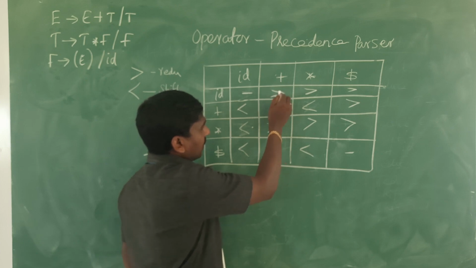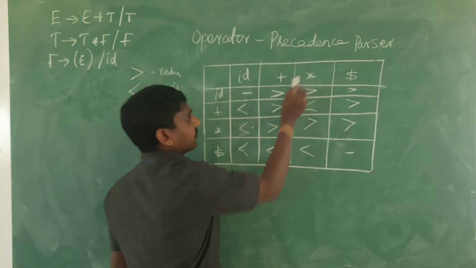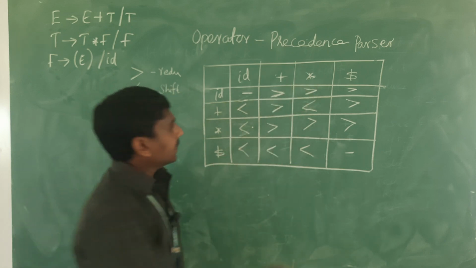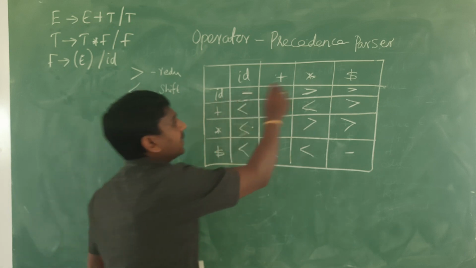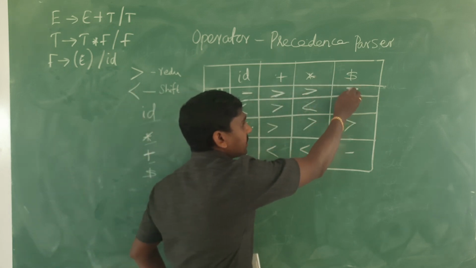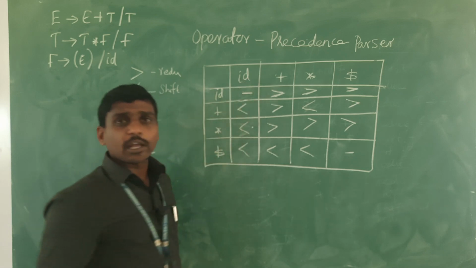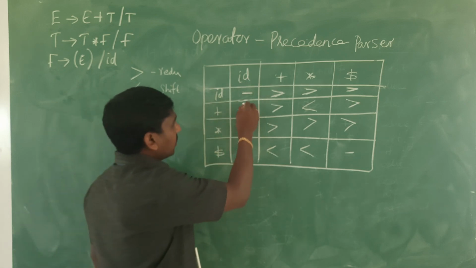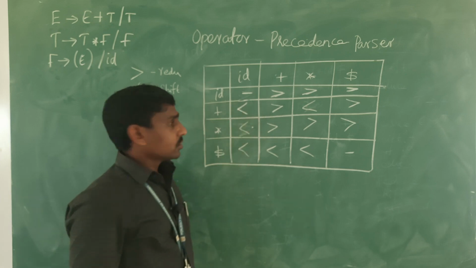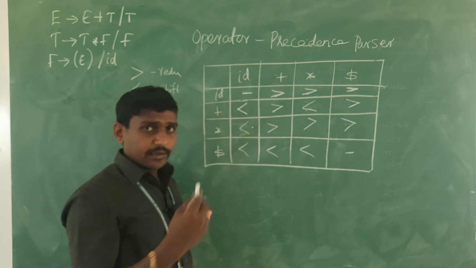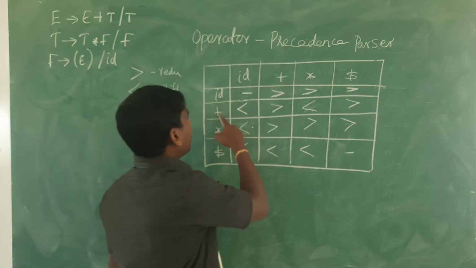ID and star: ID, so greater than. ID and dollar: ID, so greater than. Plus and ID: which has the highest precedence? ID, so we put less than.